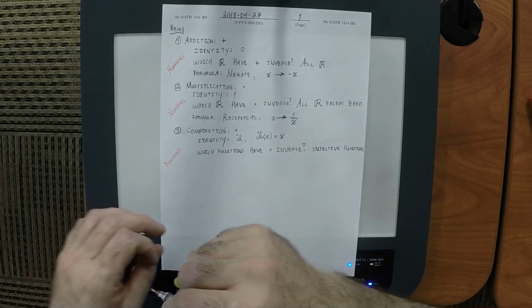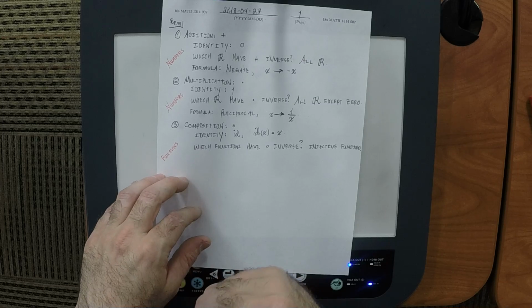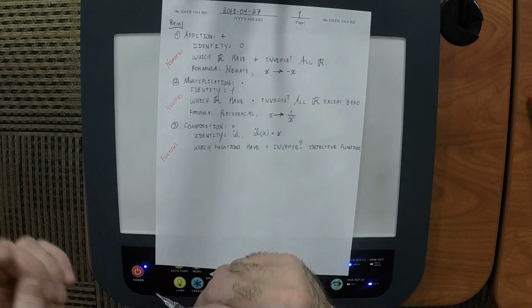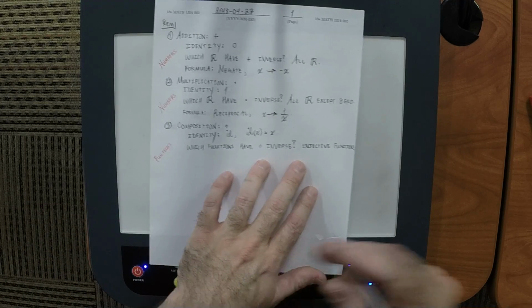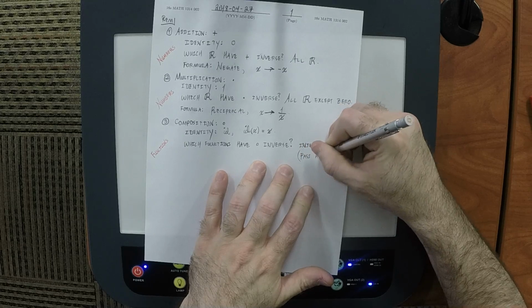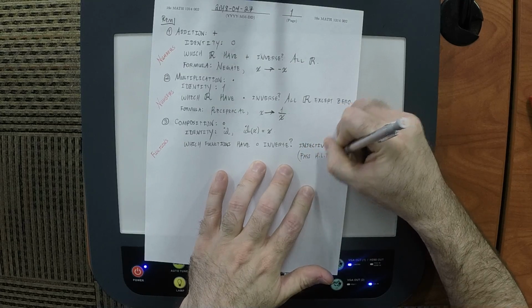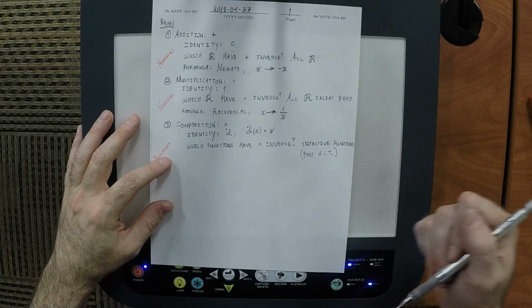Now, in our class, the most common way to confirm or deny that something is injective is to look at its plot and do what? Horizontal line test? The horizontal line test. So which functions have a compositional inverse? The injective ones do.